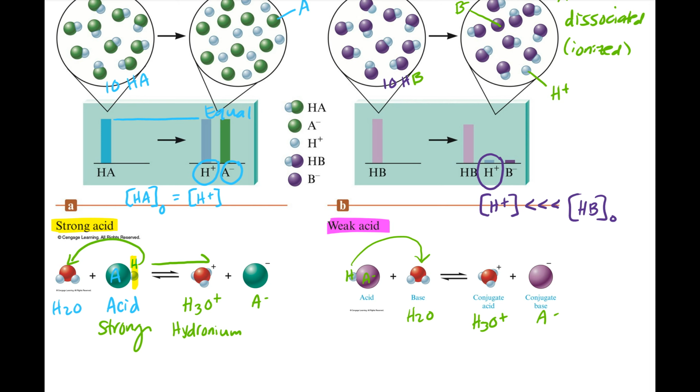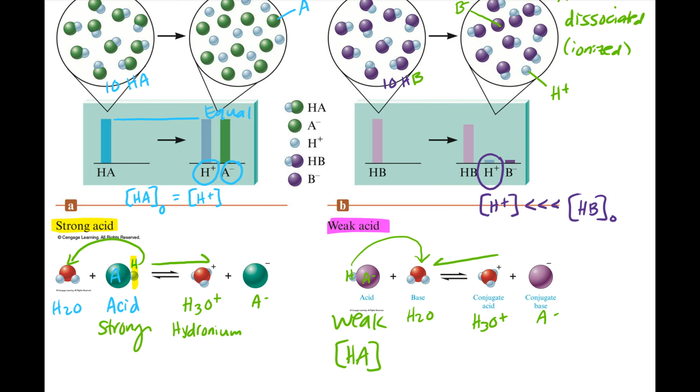Okay? But because this is a weak acid, the equilibrium position lies very heavily to the left this time, because at equilibrium, the majority of the acid molecules did not break apart into ions, so you have a way higher concentration.